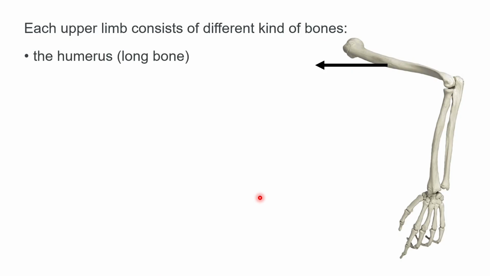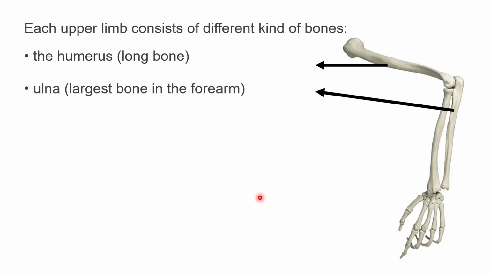And then we've got the largest bone of the forearm, and that's the ulna. Now the ulna is that bone that is connected to your pinky, your small little finger right there. Then your radius, the radius is the bone that is connected to your thumb.